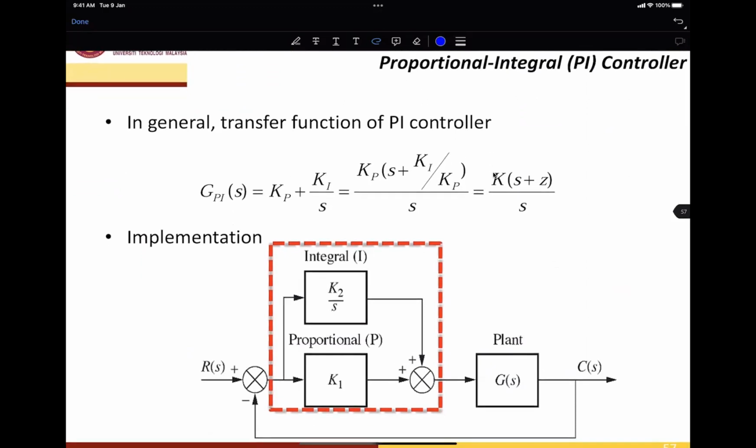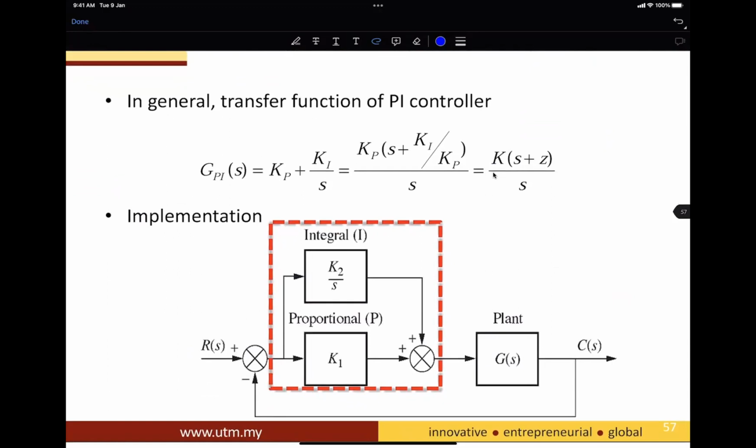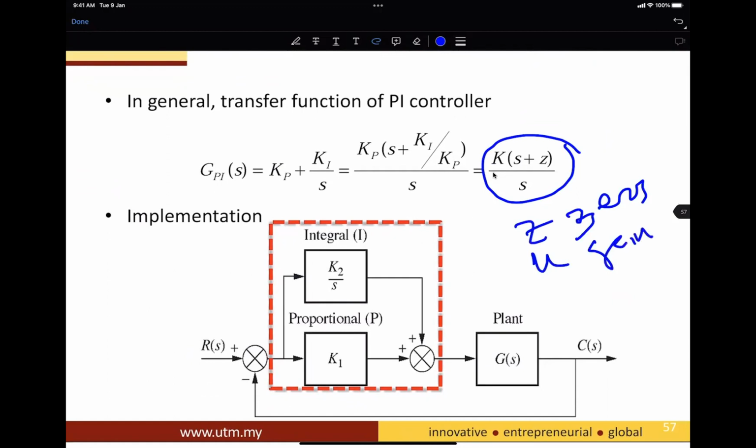So in general, the transfer function of a PI controller is shown here. It is K (S plus Z) over S. Z is the zero, K is the gain, and of course this one is the pole at the origin.